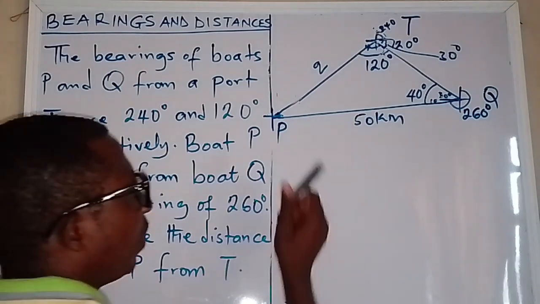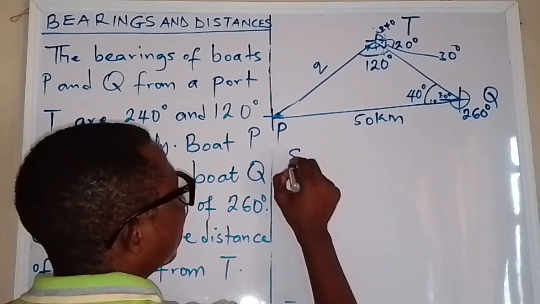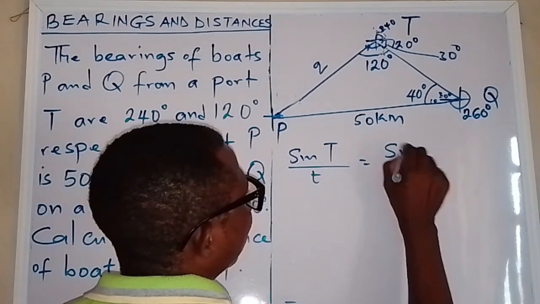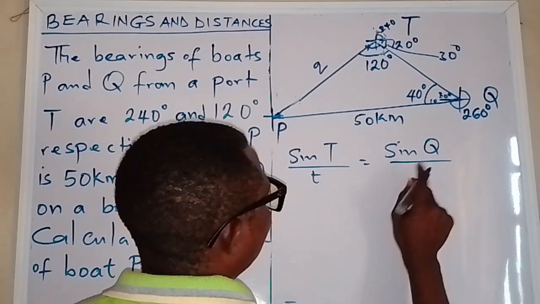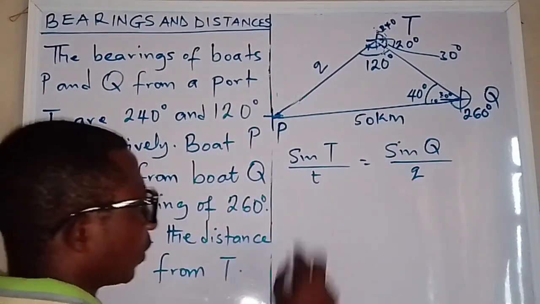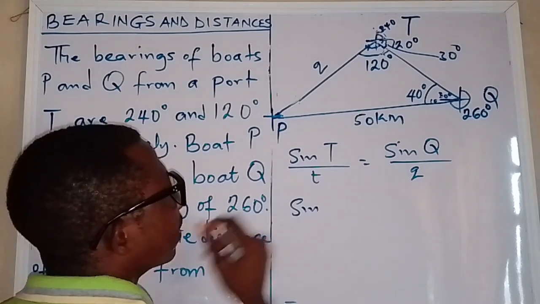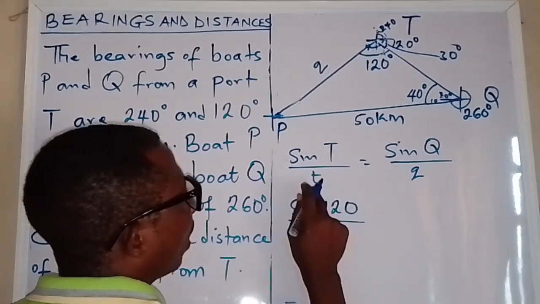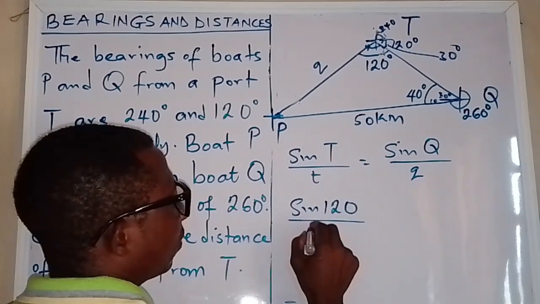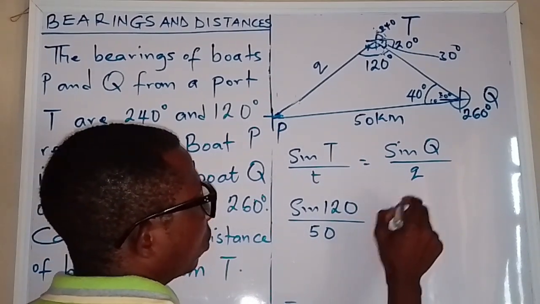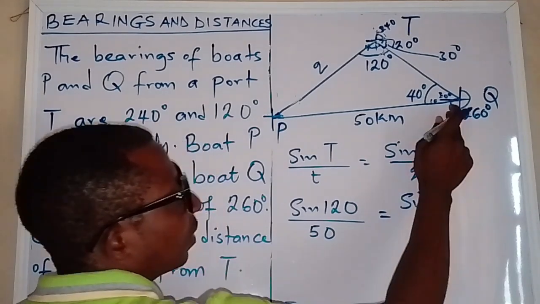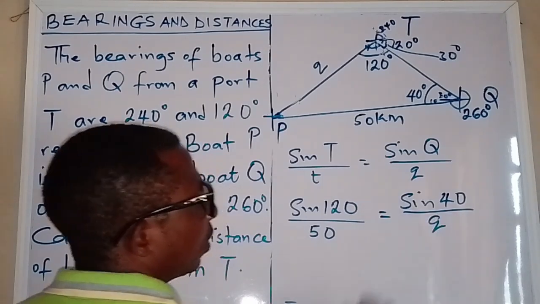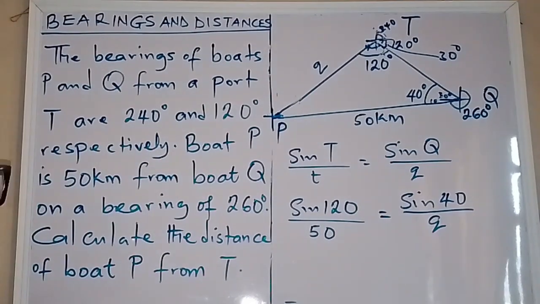So we can now make use of the sine rule. We have sine T over small t equals sine Q over small q. We have sine T as sine 120, angle T over side t as 50, equals sine 40 over small q.